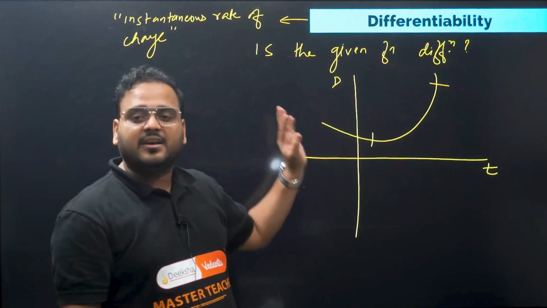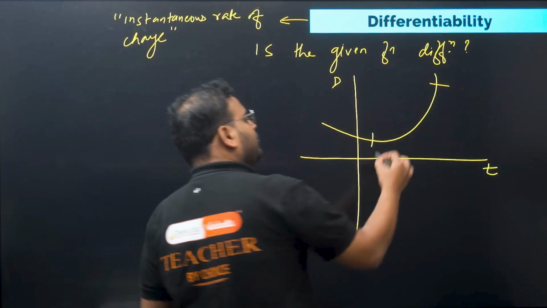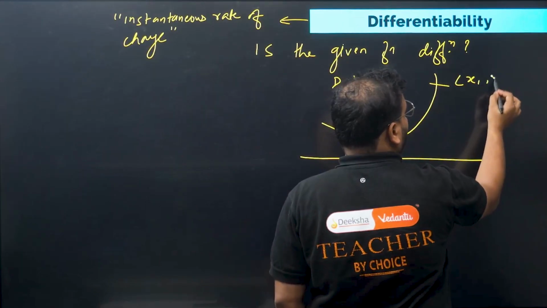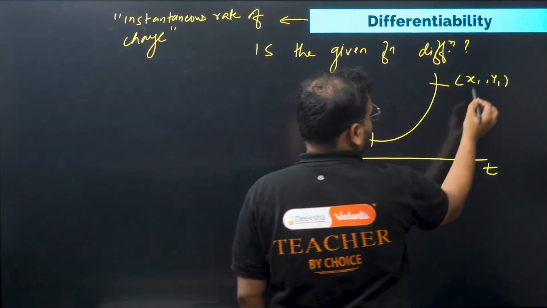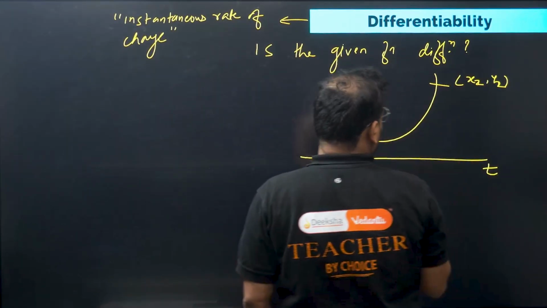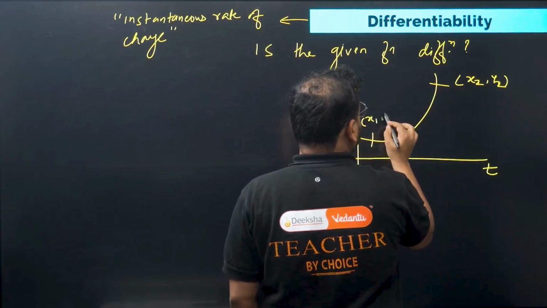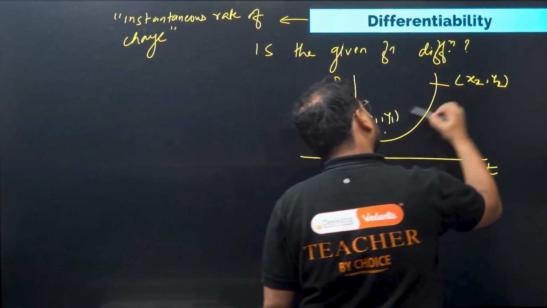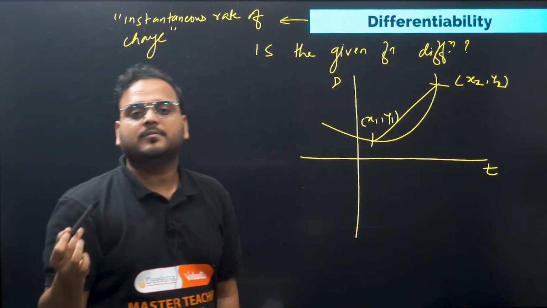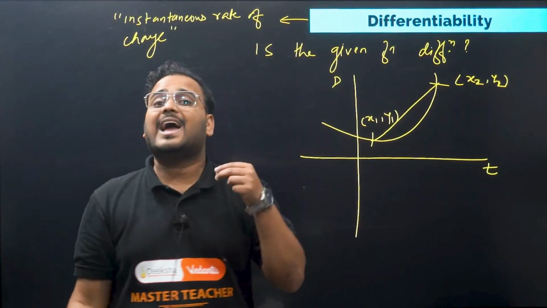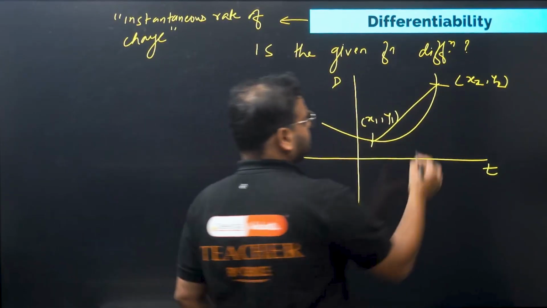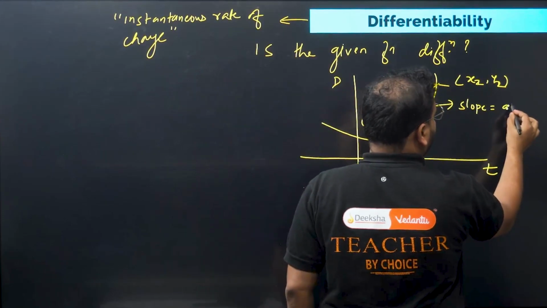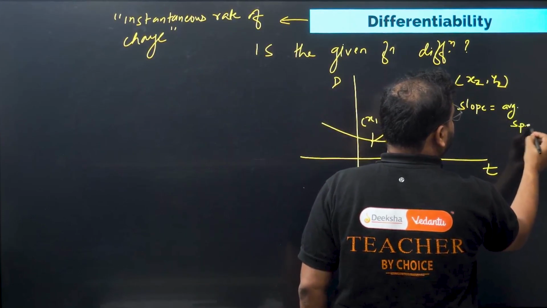If you join these 2 points, let's say x1, y1 and x2, y2, then the slope over here will give you your average speed.